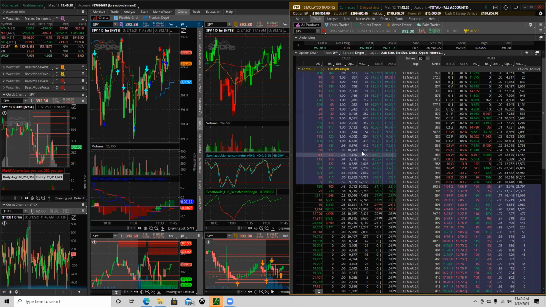In the money is ITM, at the money is ATM, and out of the money is OTM. So if you go into these groups or the Discords, you hear people say, I'm taking an in the money call, or an out of the money put, or an in the money put. Hopefully that gives you a better understanding of what exactly they're talking about.